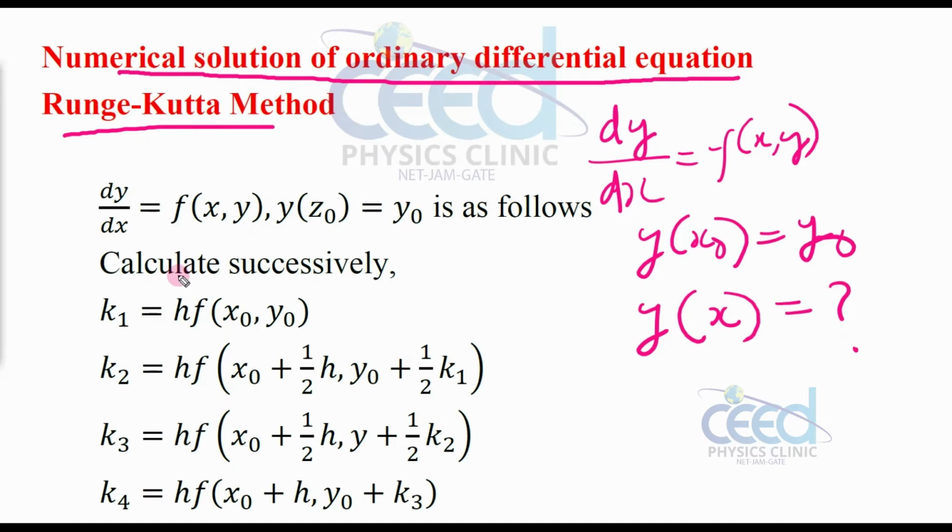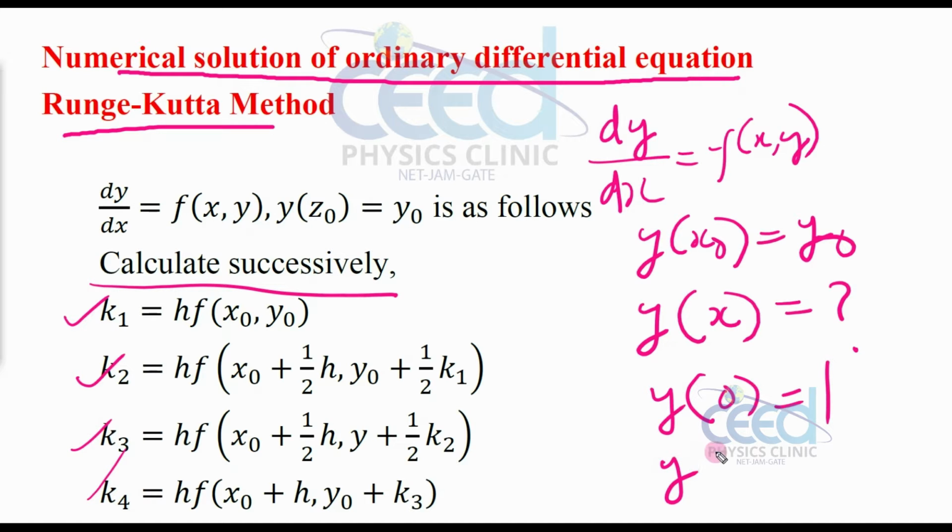Here, calculate successively. Suppose you have to define constants k1, k2, k3, k4, where k1 is equal to h f of x0, y0. What is this h? Suppose you are given y of 0 is 1, and you are asked to find y of 0.2.